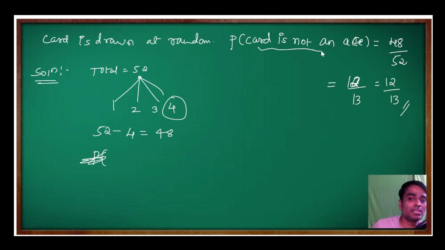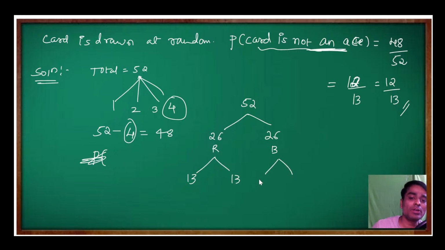Not an ace they asked. That's why I have subtracted 4. Because cards, you see, first thing you will have 26, 26. These are red, these are black. In this 26 you have 13, 13. Here also you have 13, 13. These are heart, diamond. Then these are club and spades.